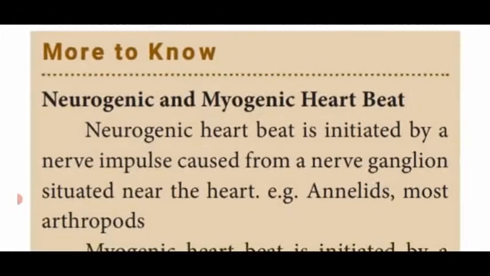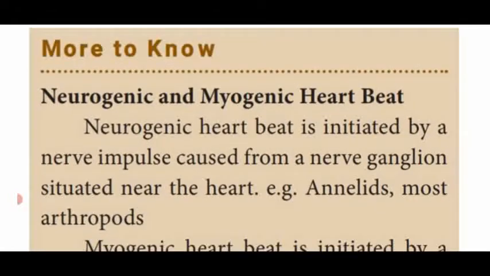See the 'Do you know' paragraph: neurogenic and myogenic heartbeat. Neurogenic heartbeat, neuro which means nerve. Neurogenic heartbeat is initiated by a nerve impulse from a nerve ganglion situated near the heart.